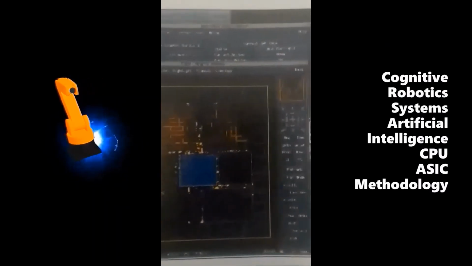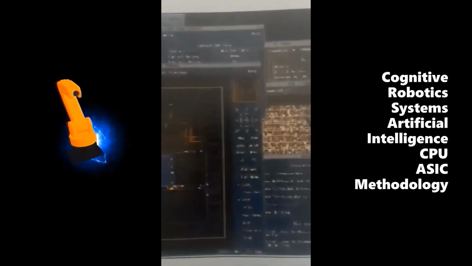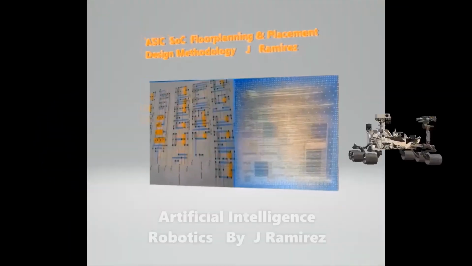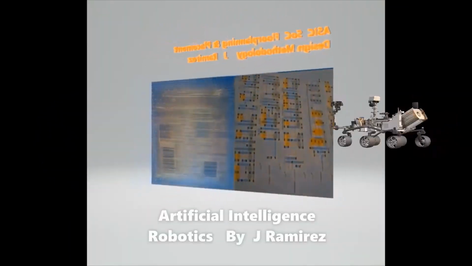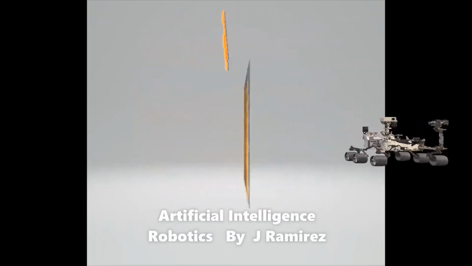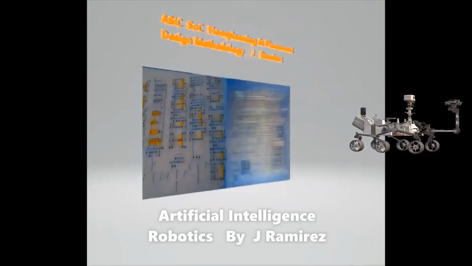Five, perform the placement. Six, optimize the clock trees and scan connections. Seven, make logic changes, including changes to circuit power levels to fix timing problems.